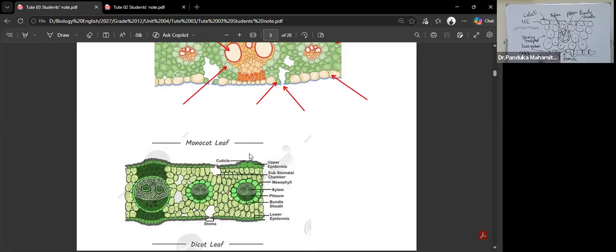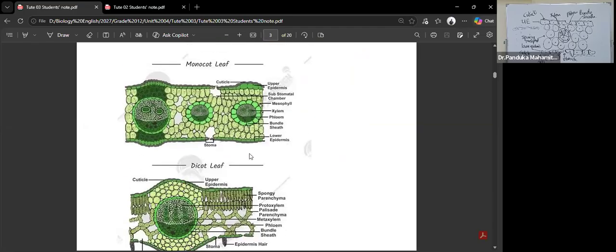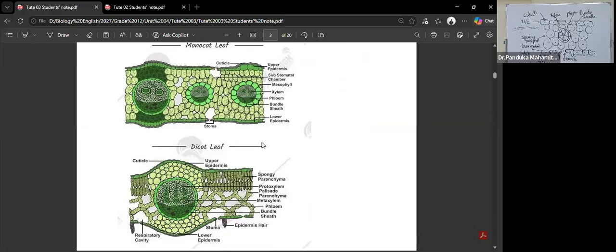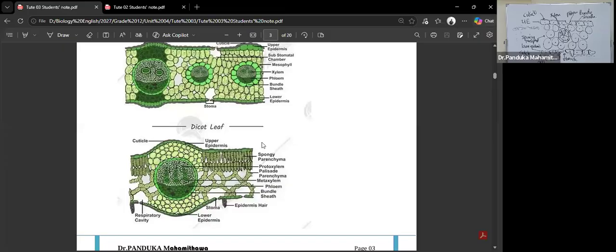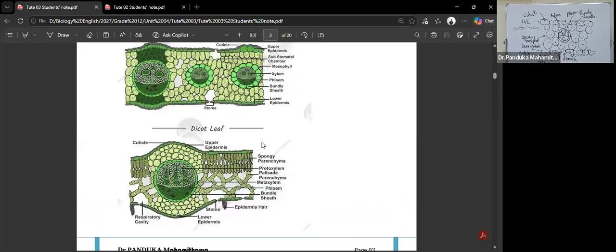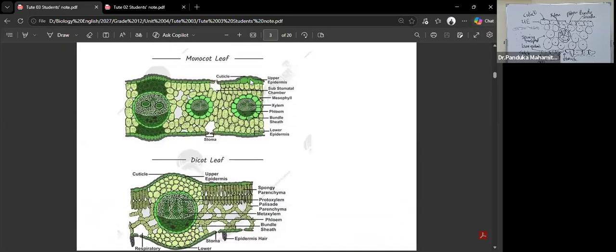I have given you the pictures of the monocot leaf and the dicot leaf for your further reference. Try to close these names. Why am I giving these pictures? These pictures can be given in the exam paper. So close the names and check whether you can correctly name the parts of these monocot and dicot leaves.